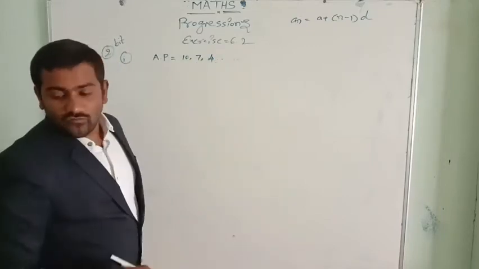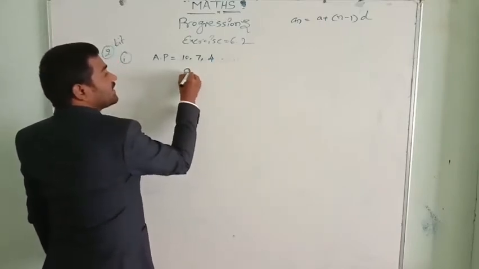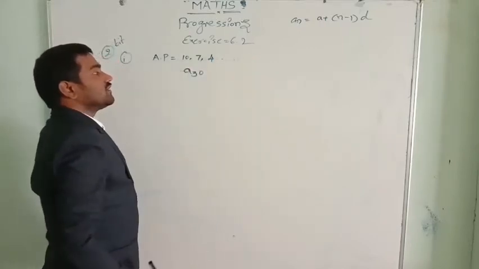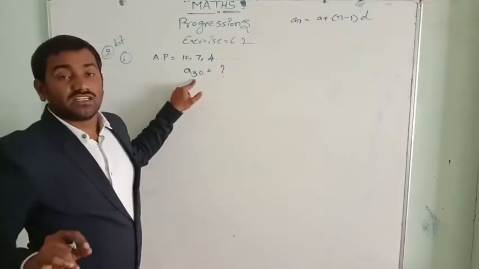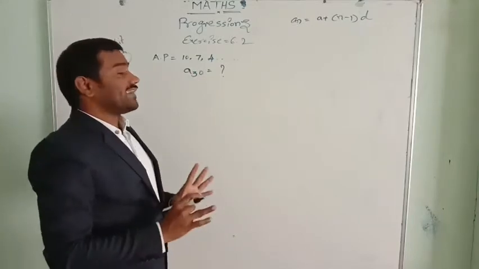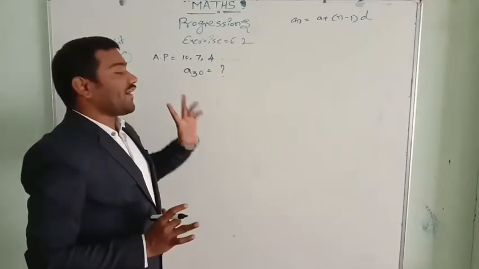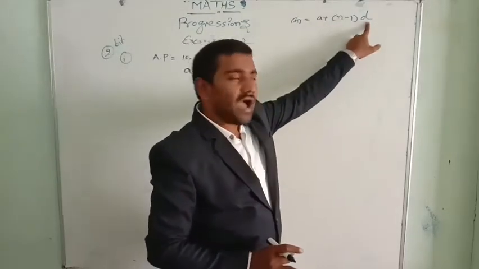And what we need to find here is the 30th term, that is a30. So let us find how to find the a30. To find the a30, we need to know the a value, n value and d value.